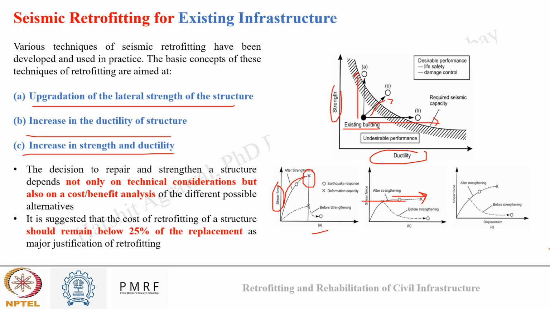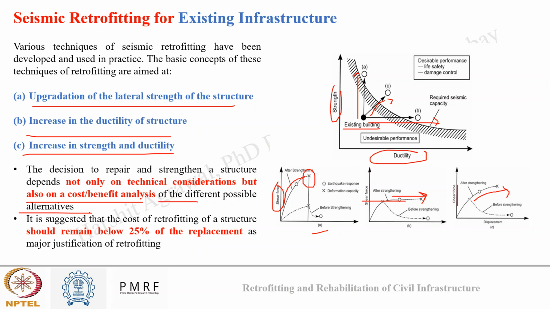Okay, and if we do both, the shear strength will increase upon strengthening, and the ductility or damage endurance performance will improve in the infrastructure, which can be seen in this figure. Now, this decision to repair or strengthen a structure depends not only on the technical considerations but also on the cost or benefit analysis of the different possible alternatives.